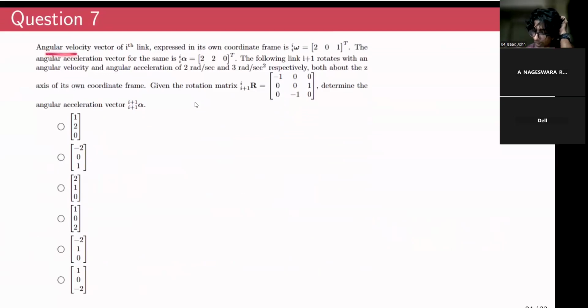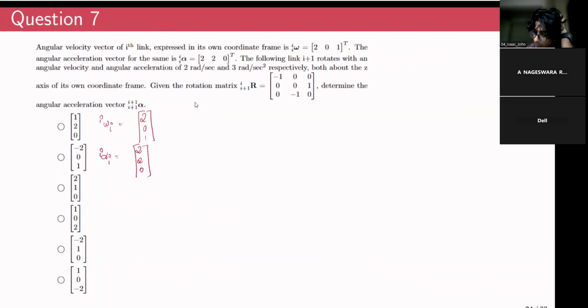Angular velocity of the ith link expressed in its own frame is given as 2, 0, 1. So I omega I is given as 2, 0, 1. Right? And the angular acceleration vector I alpha I is given as 2, 2, 0.